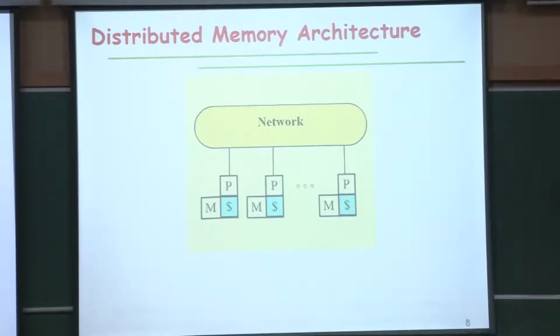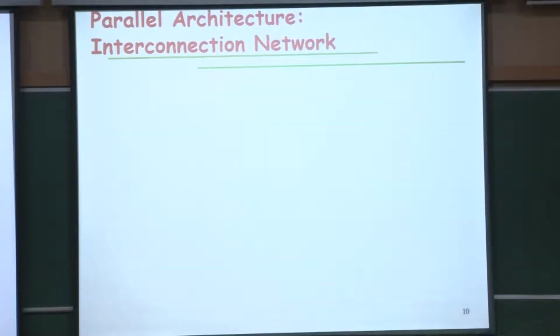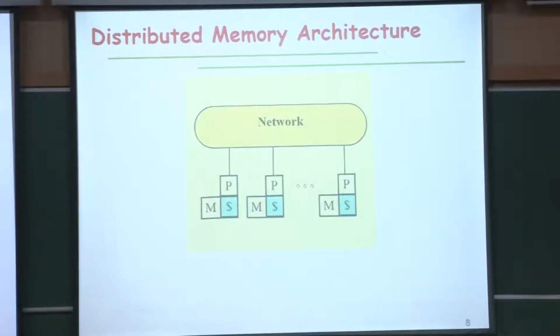Let us talk about another kind of parallel architecture, which is distributed memory architecture. And here the word shared is missing. Please note that there is no notion of a shared memory. Here each processor has its own local memory, but it cannot access the memory across the network of the other processor.